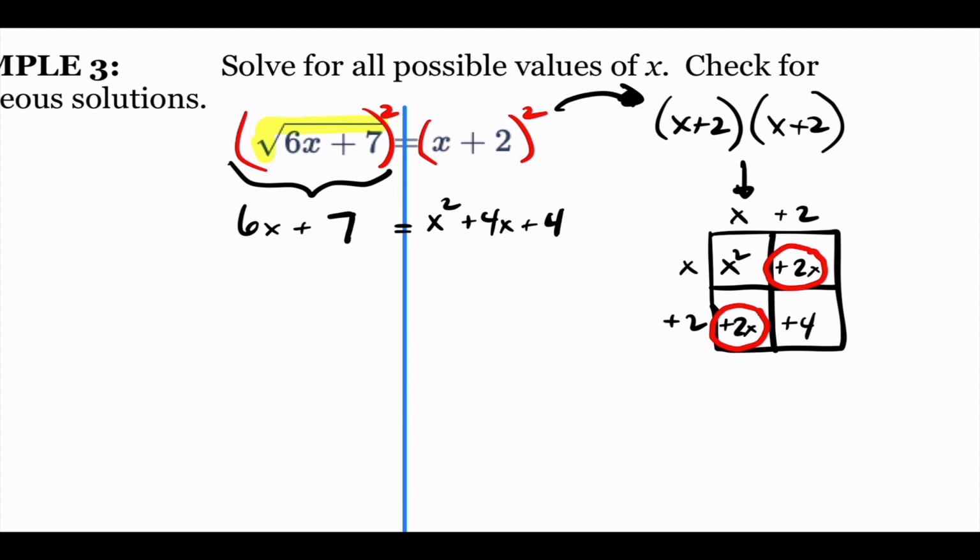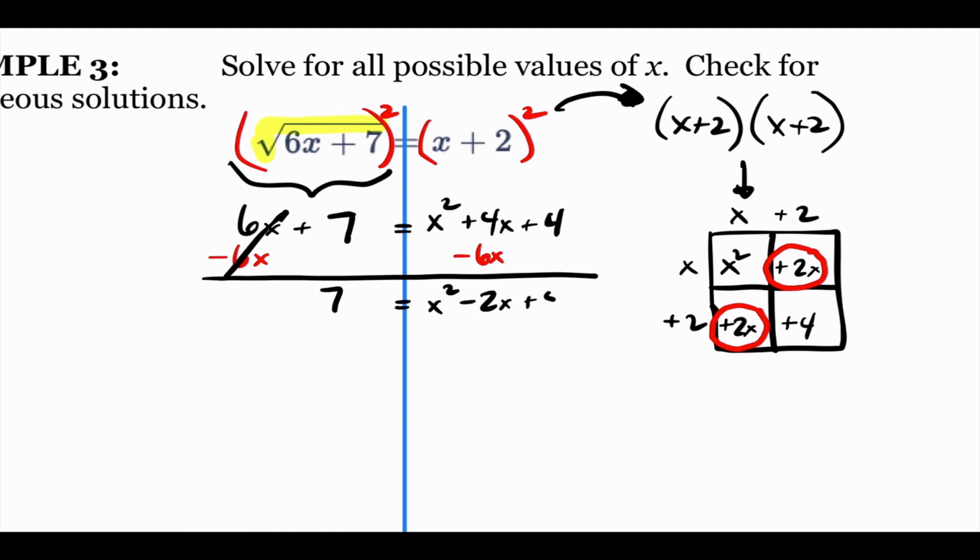So 6x, I'm going to subtract 6x from both sides. So I subtract it from 4x. So it makes a negative 2x. Now I've got to get rid of 7. Subtract 7 from both sides. It turns out this guy is a trinomial.